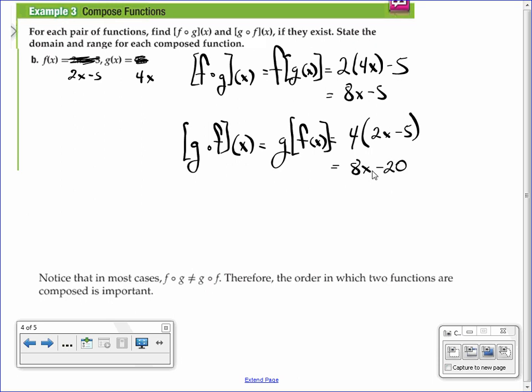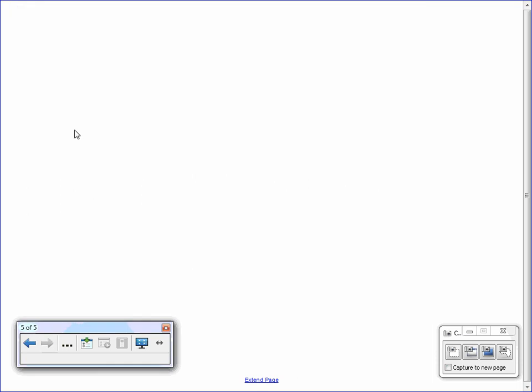Okay, now let's show you some of the benefits of this. All right. Let's say that I have two functions. F of x equals 2x minus 1. G of x equals x plus 4.